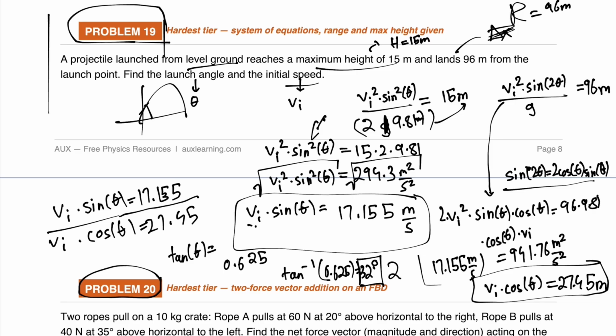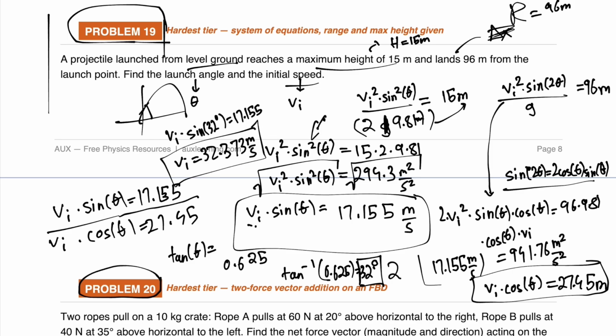And then velocity initial, we could just use any of these equations, right? Velocity initial times sine of 32 degrees is equal to 17.155. 17.155 divided by sine 32, so velocity initial is equal to 32.373 meter per second.